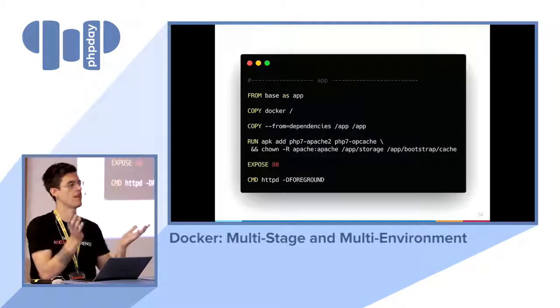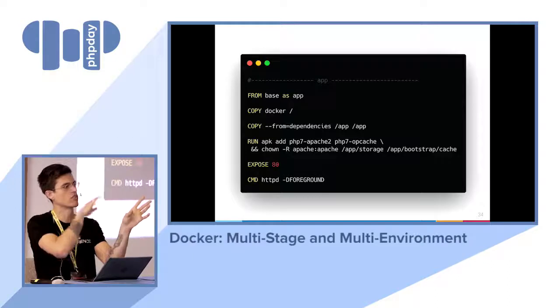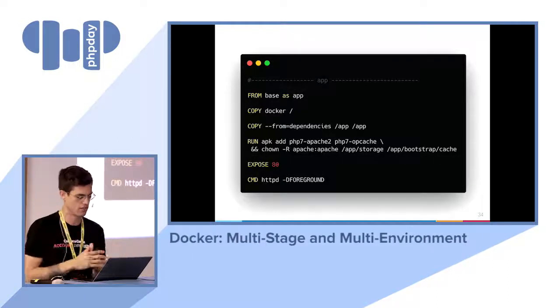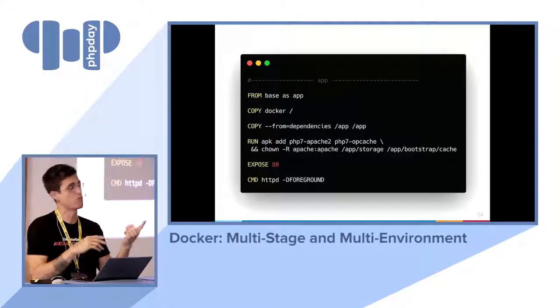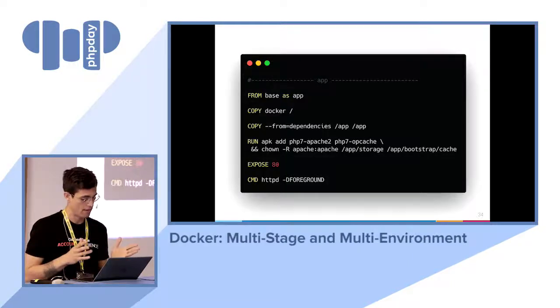So you only have to copy this specific folder to the root directory, and that's it. You copy all the files that you need to configure, like the PHP ini configuration, the virtual host of Apache, etc. We expose port 80 and run the server, and that's it.